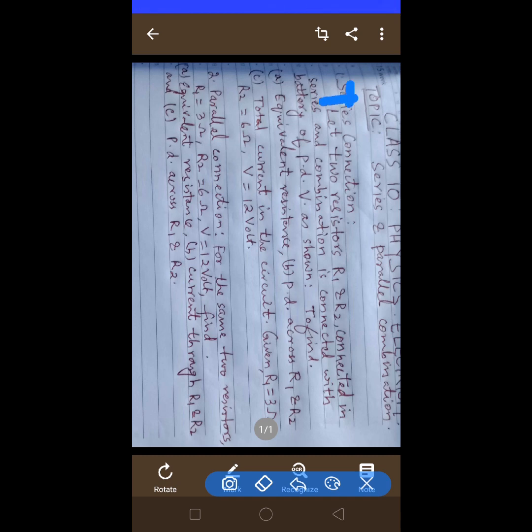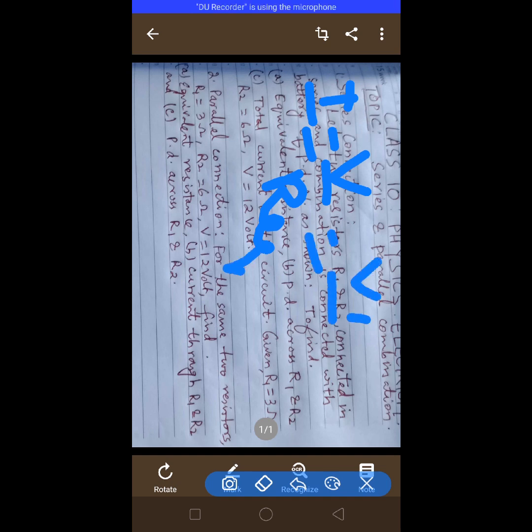I equal to V upon R equivalent is equal to I1 is equal to V1 upon R1 plus I2 is equal to V2 upon R2.